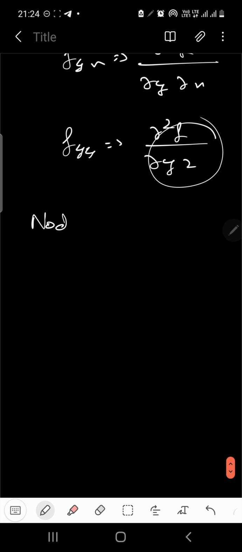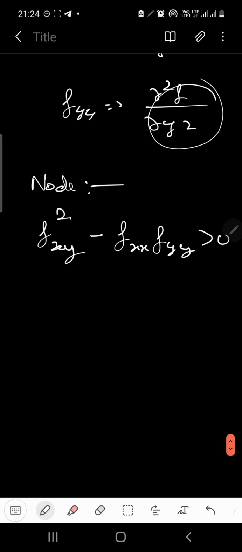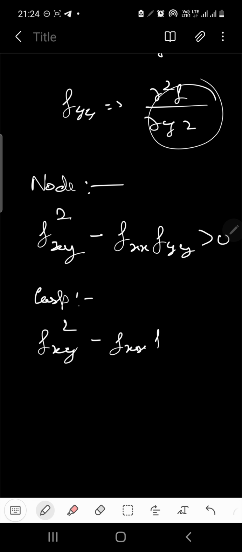So if you have a node at some point xy, then fxy square minus fxx times fyy will be greater than 0. If you have a cusp, then fxy square minus fxx times fyy equals 0.